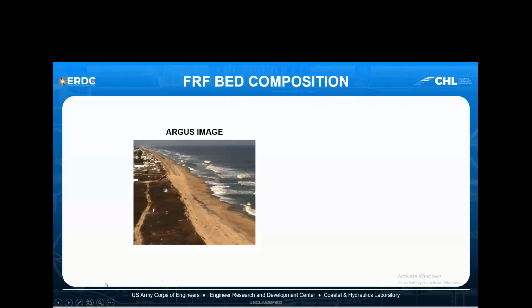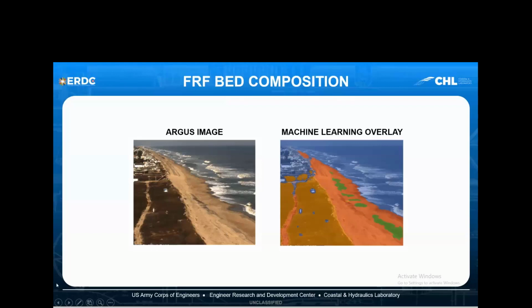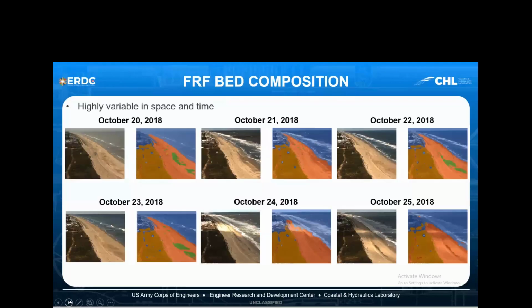So we've been working with Evan Goldstein at UNC Greensboro on this machine learning algorithm that he has to pull out where these coarse lag deposits are located from these Argus images using the characteristic orange hue that they have. From this information, we can start to get a time stack of what our bed composition at the FRF looks like over time.